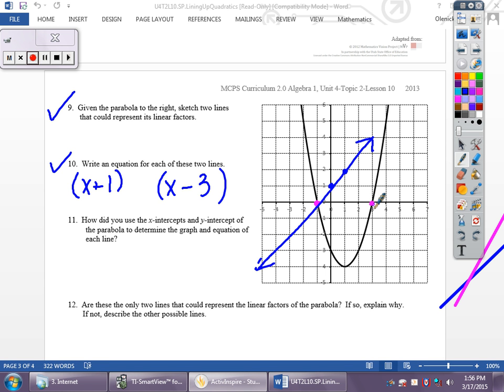How do you use the x-intercepts and the y-intercepts of the parabola to determine the graph of the equation of each line? Okay, so the way we use the x-intercepts is we did the opposite. Now the y-intercept, remember, the y-intercept should be the product of my x-intercepts.